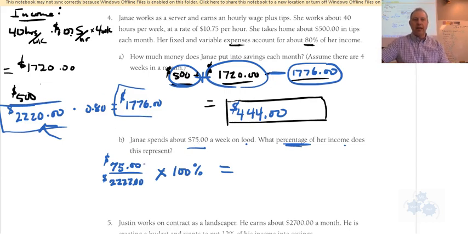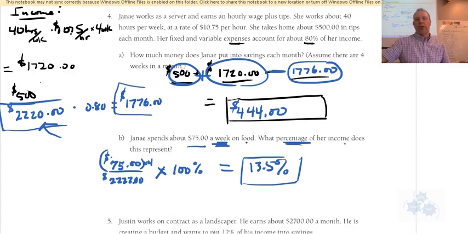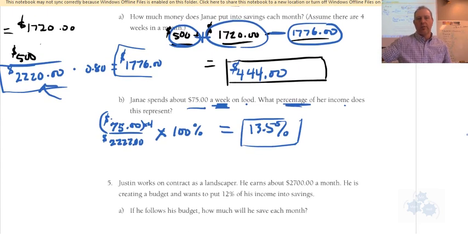This is 75 times 4, because that's per week. Gotta remember that here. So 75 times 4 divided by her monthly earnings times 100. What do you get for percent? Somebody shout it out when you get it. 13.5% is correct. 13.5% on food, all right? That's what the food is.